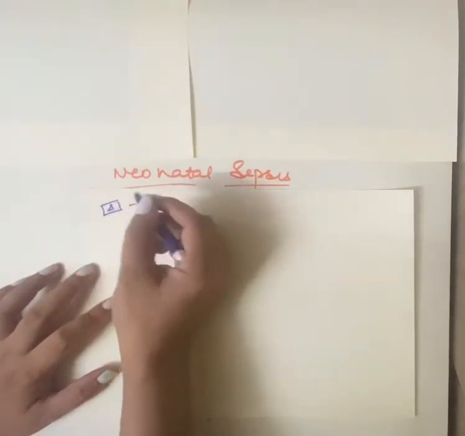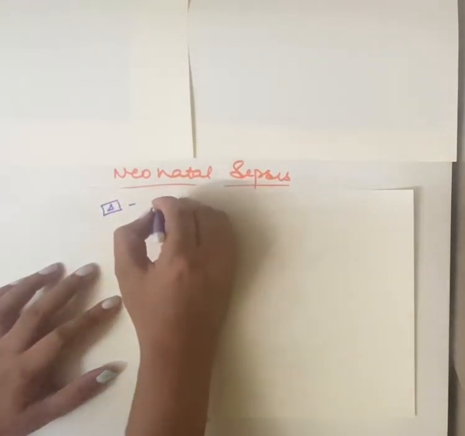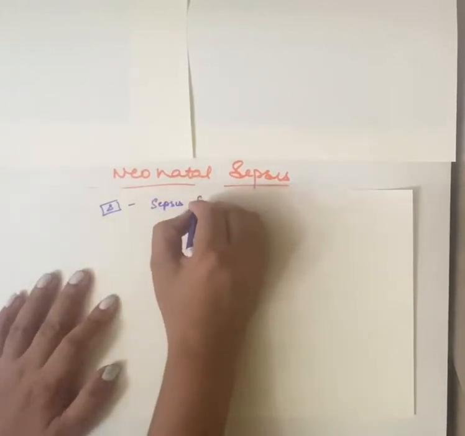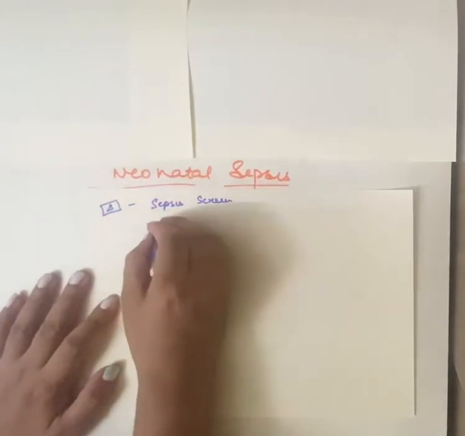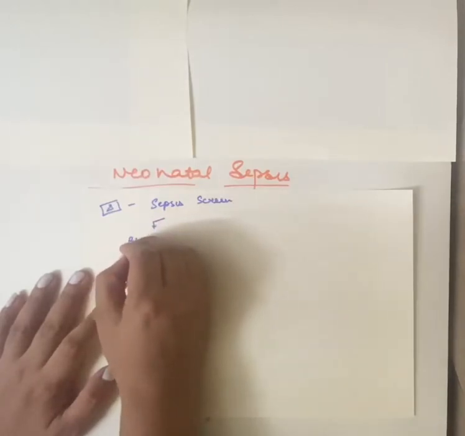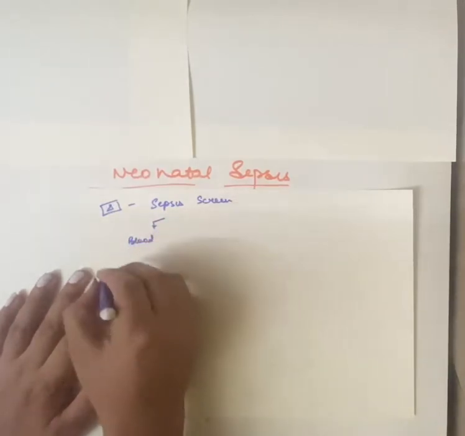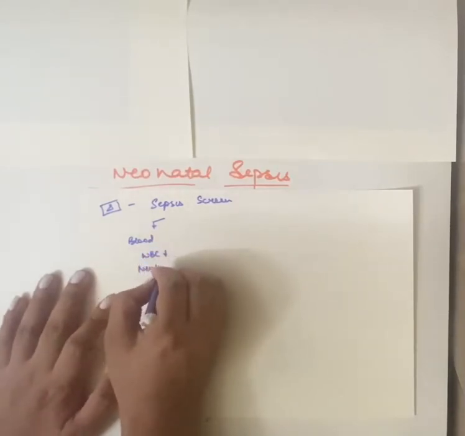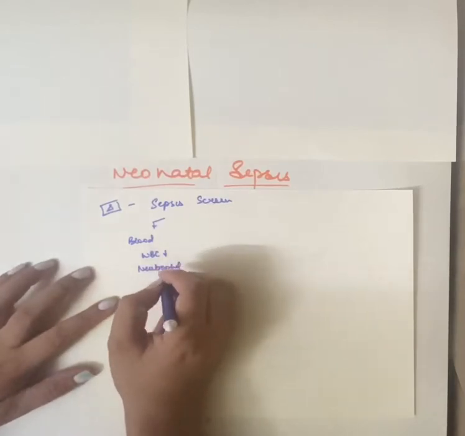For the diagnosis, the septicemia screen, or the sepsis screen, is done. In this, blood investigations are done. Blood is taken, in which we see WBC is decreased, neutrophil is decreased.